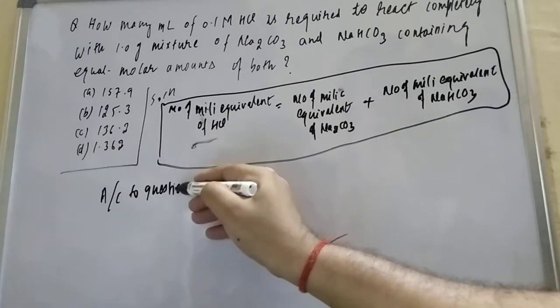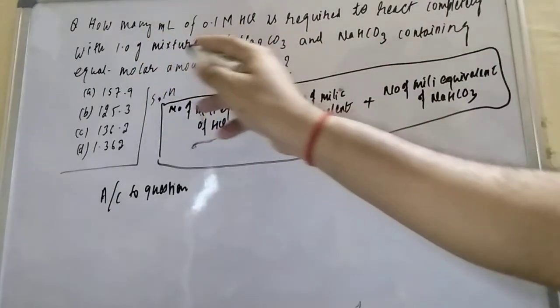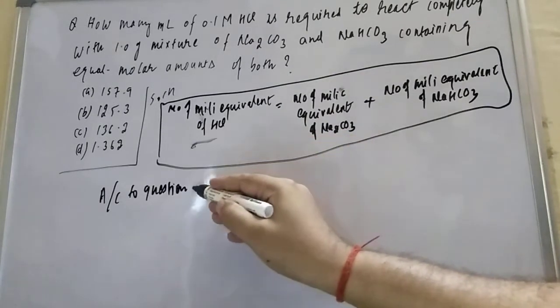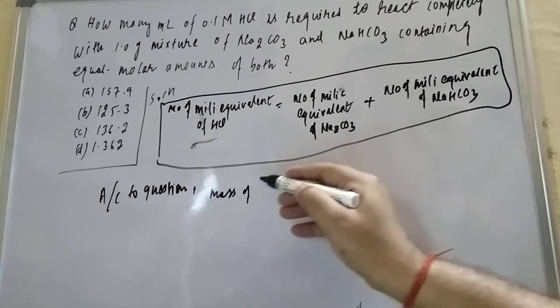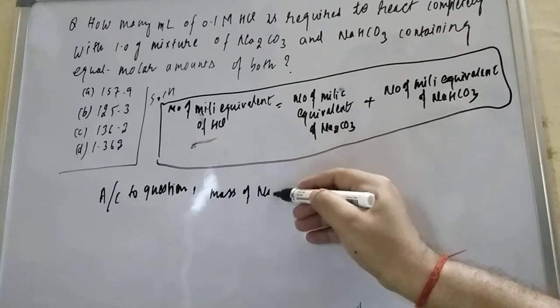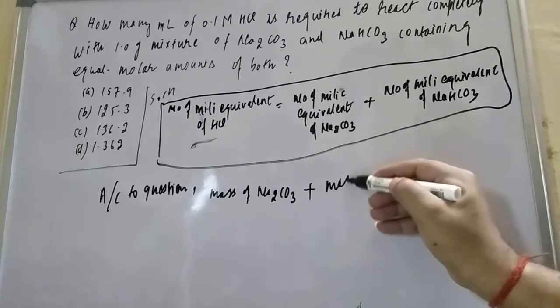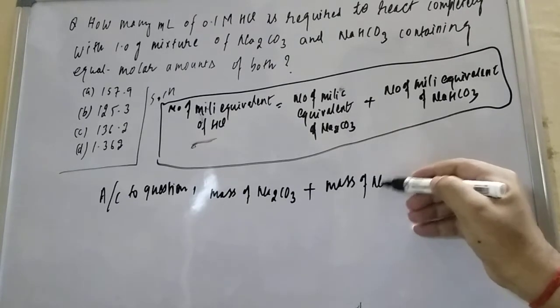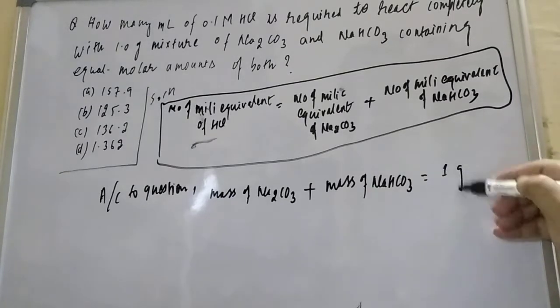According to the question, they are saying react completely with 1 gram mixture. So the mass of Na2CO3 plus the mass of NaHCO3, that is the total mass, is 1 gram.